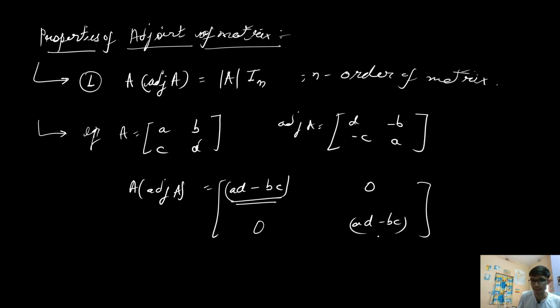This ad minus bc is nothing but the determinant of this 2 cross 2 matrix. So I can write this as the determinant of A into the identity matrix of order 2, because it's a 2 cross 2 matrix. I hope this result is clear.